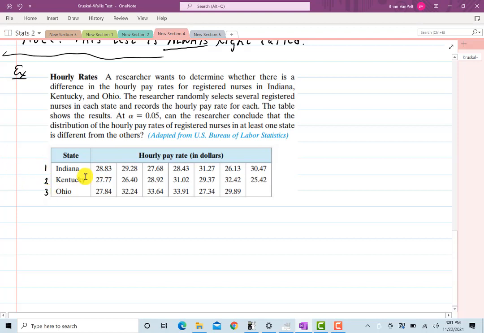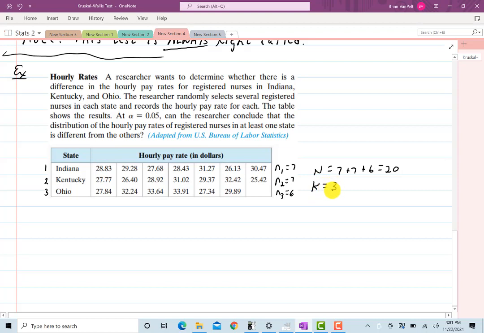I have 7 in the first sample, so n sub 1 equals 7. N sub 2 also equals 7. And n sub 3 equals 6. Capital N equals 7 plus 7 plus 6, which is 20. And finally, K equals 3.